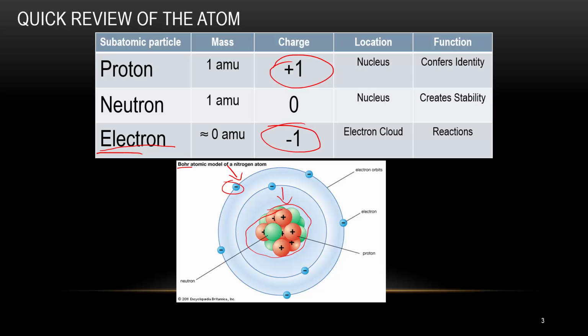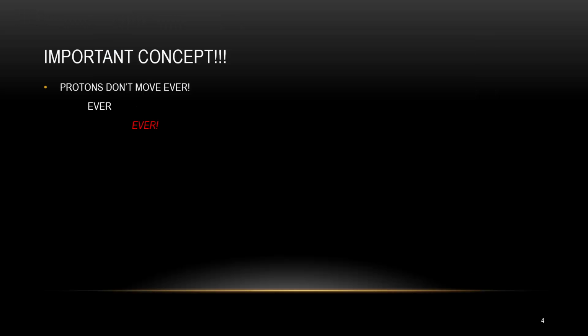If you add a proton, it would become oxygen. And if you remove a proton, that would become carbon. Okay, so that's how we identify them. So remember, protons never move. The only thing we will be talking about moving is the electrons. So only electrons move. Make sure you understand that concept.